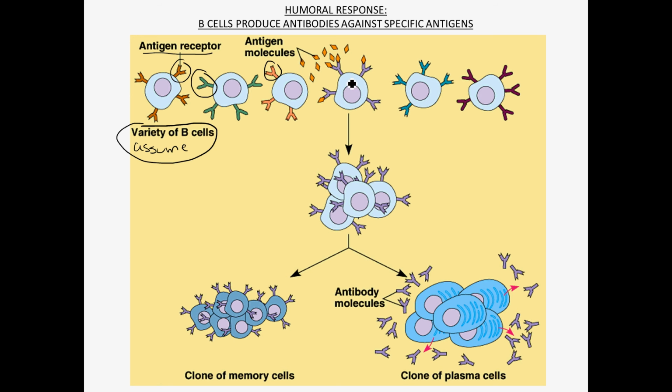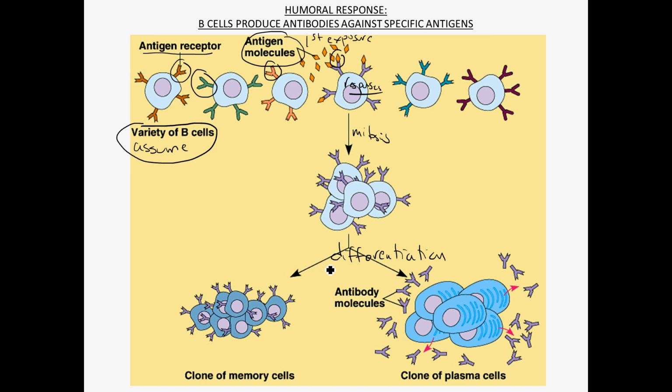And so these B cells, on first exposure to these antigens, will bind to these receptors. And again, now we have binding, and that's going to cause some sort of response in this cell. The response is to undergo mitosis, and then to undergo differentiation.